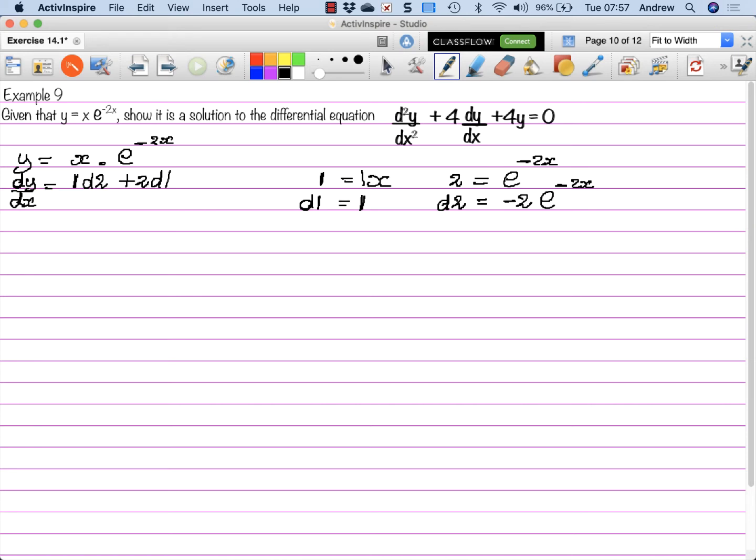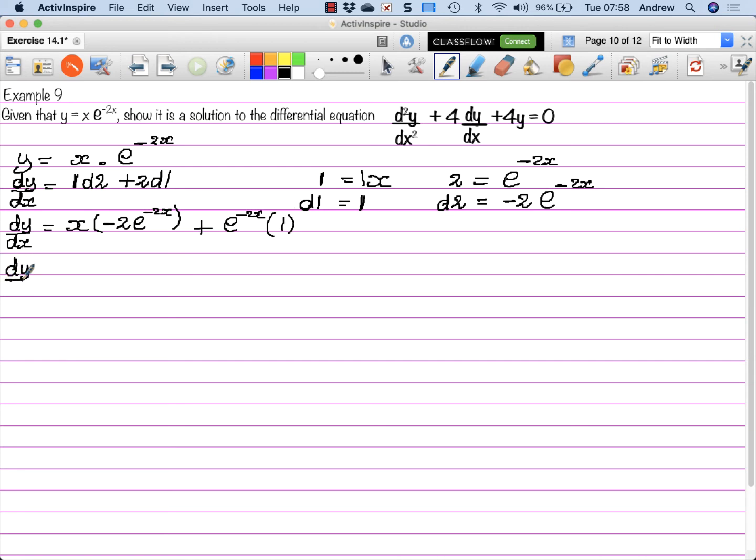Okay then, so let's apply it. So dy/dx is equal to the first, which of course is x, times the differential of the second, which is minus 2 e to the minus 2x, plus the second function, which is e to the minus 2x, times the differential of the first function, which is equal to 1.